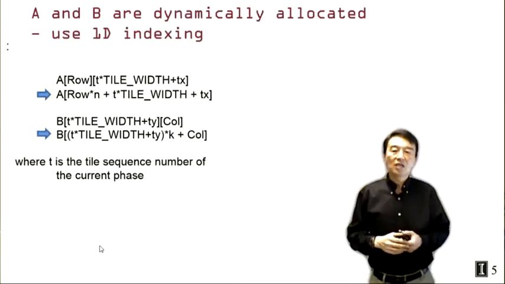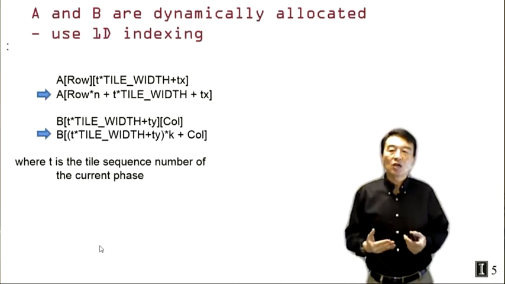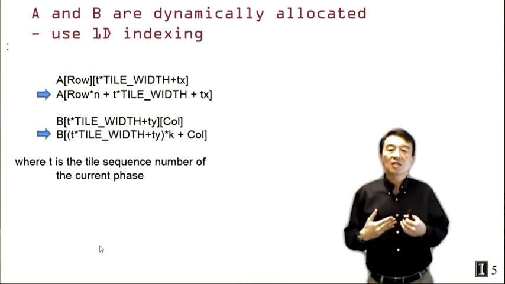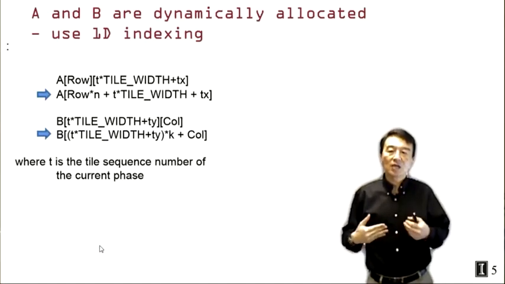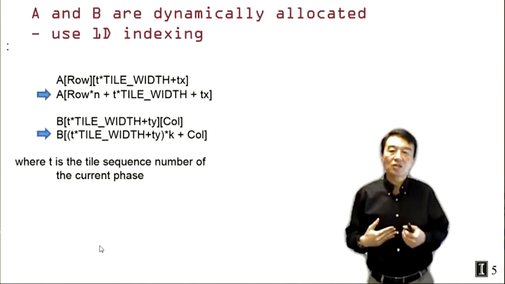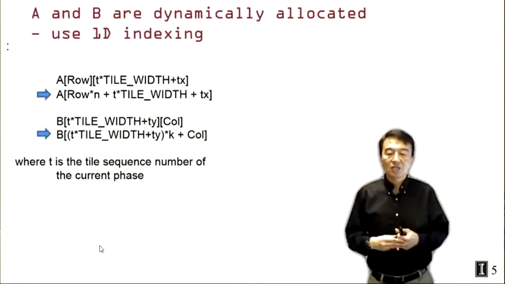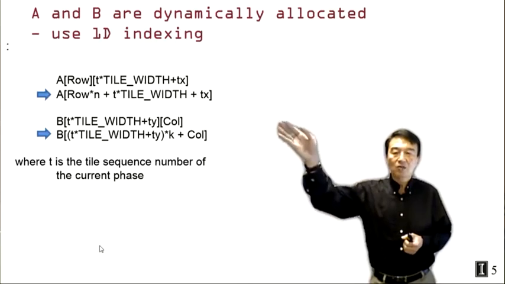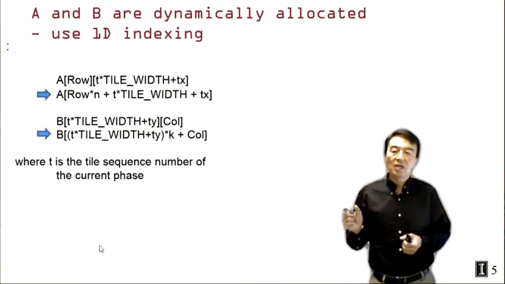This gives us a generalization for the T-th tile that we're going to be loading. The T-th tile is the tile that we're going to be loading for phase T. We just showed T equal to 0 and T equal to 1 in the previous slides. For the T-th tile, the A element that we're going to be loading will still have its Y index remain the same as the row variable.